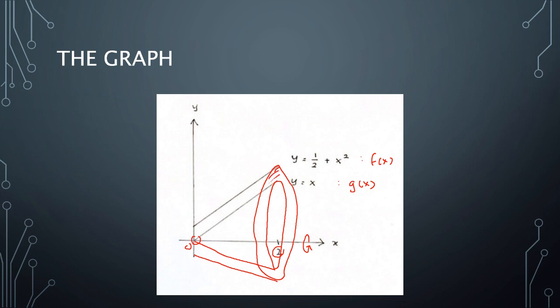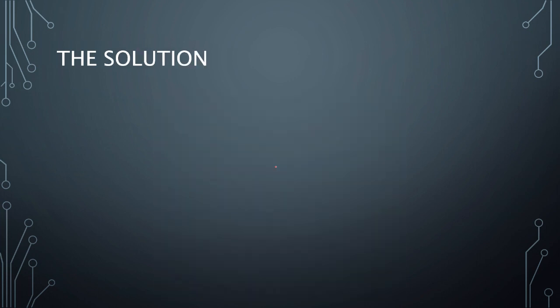So this is the area of the washer. It is called the washer method because it looks like a washer. So this is the solid, if we can visualize it. Now we need to find the volume of the solid. So let's try to find the solution.